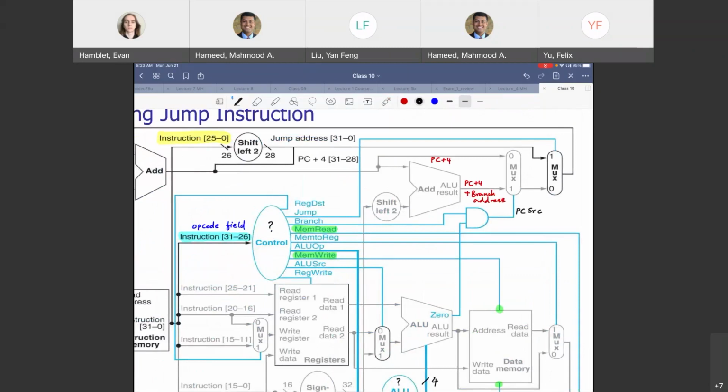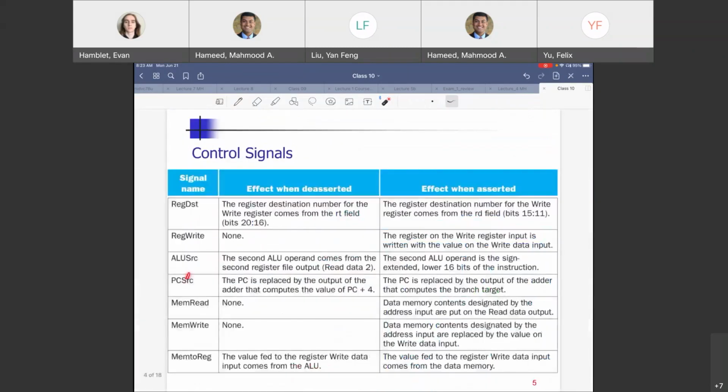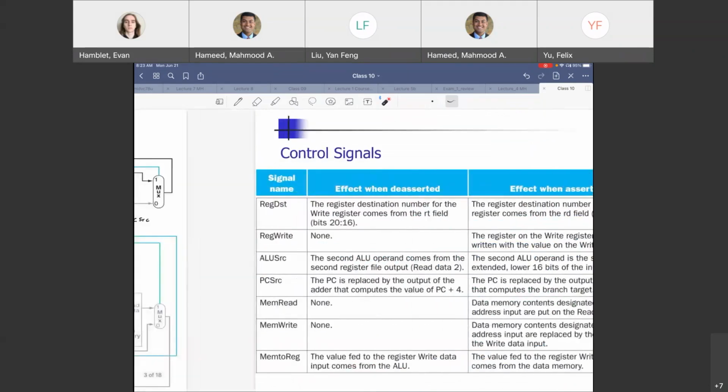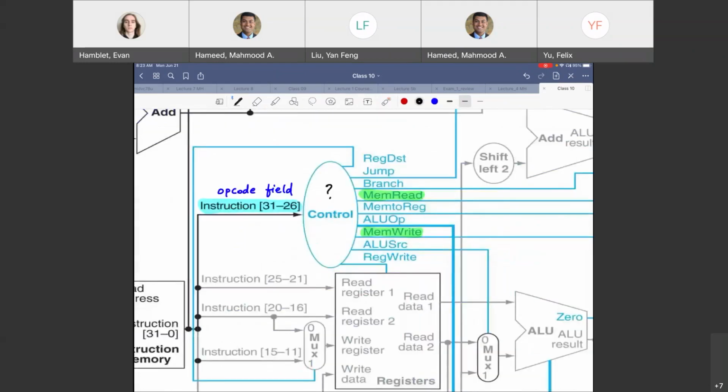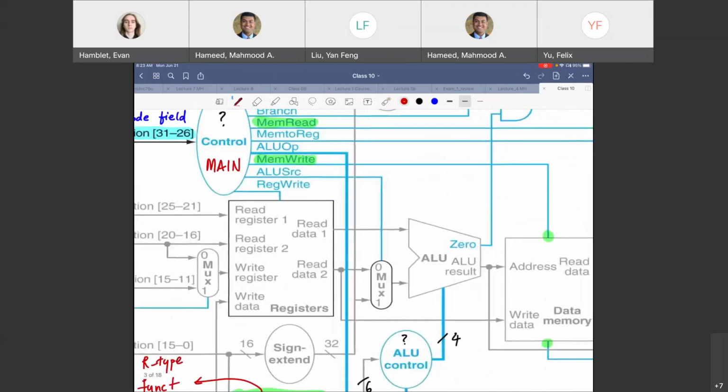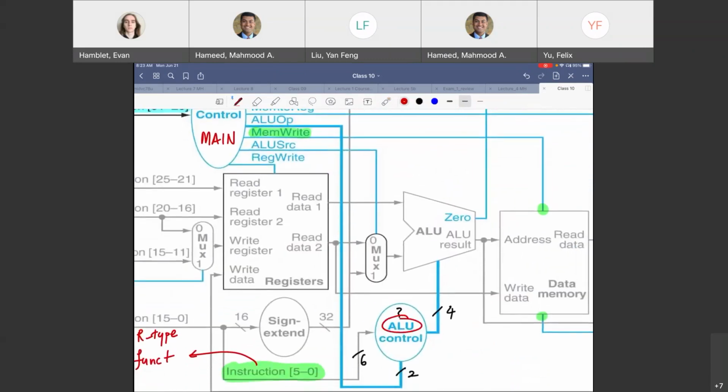It is actually the result of branch and the zero result here, right? So slightly different from all the other control lines, which are directly the output of the main control. Did I talk about main control versus this? All right, let me make that differentiation here. Main control and ALU control.